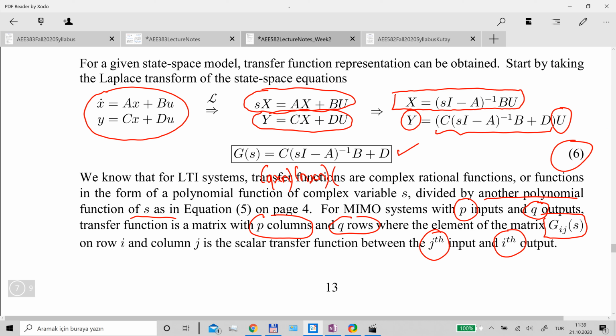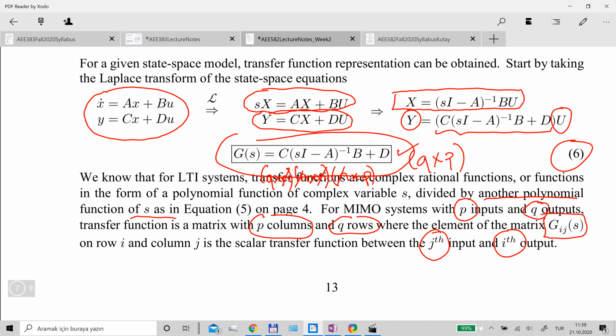And B is a matrix with n rows and P columns. So they're compatible. First of all, they can be multiplied. They have proper orders. And what you'll get in the end will be a matrix with Q rows and P columns. So this indeed gives you the transfer function matrix of correct order for your MIMO system.